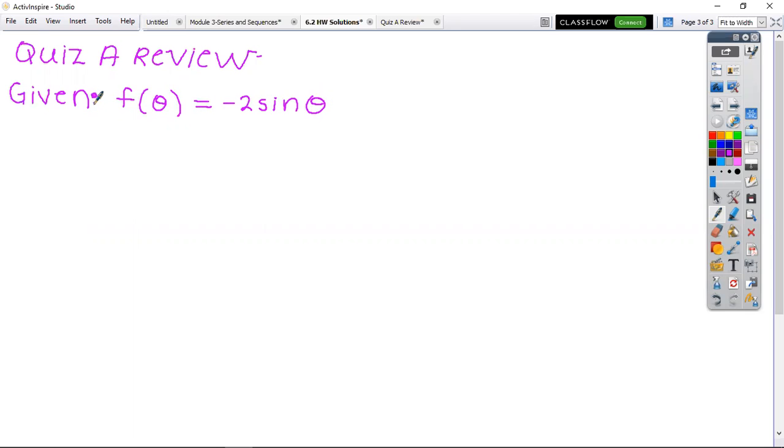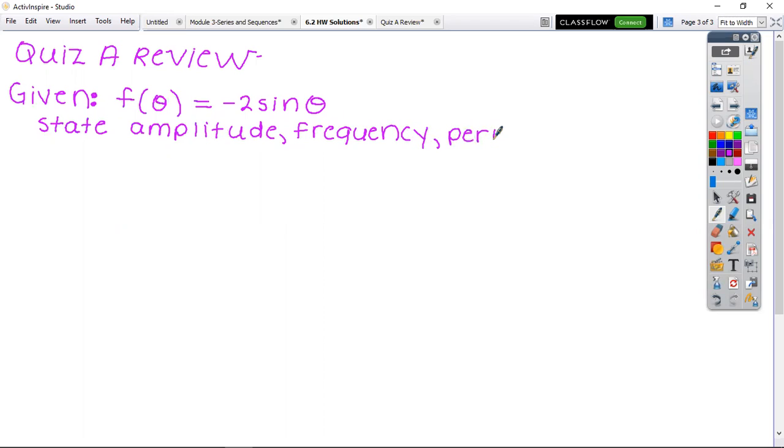So we're going to state the amplitude, the frequency, the period, and phase shift if you have one. So amplitude, frequency, period, and phase shift. All the critical information that you need to know.